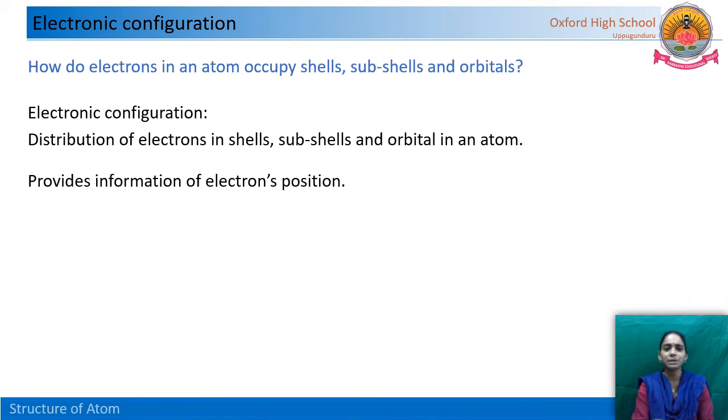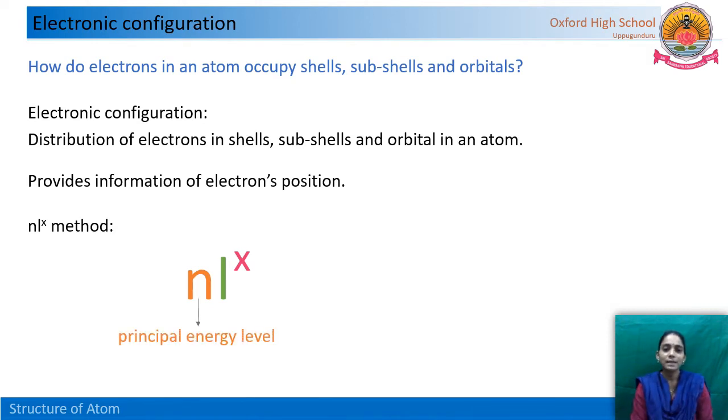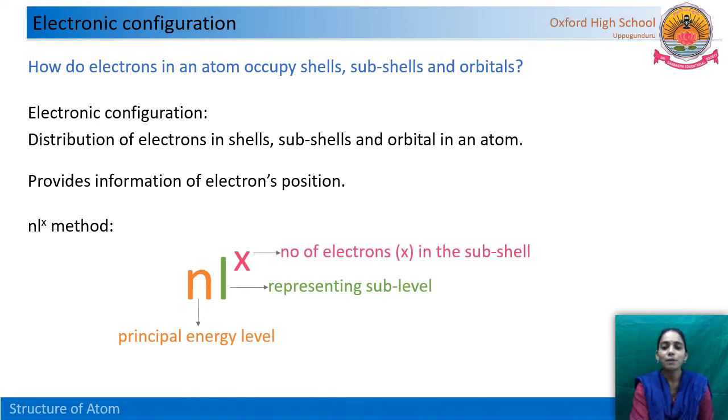Is there any method to write the electronic configuration? Yes. That is called NLX method. In this NLX method, in this shorthand notation, what do the three letters represent? N stands for principal energy level, L stands for the sub-level, whereas X is the number of electrons in the subshell, written as superscript.